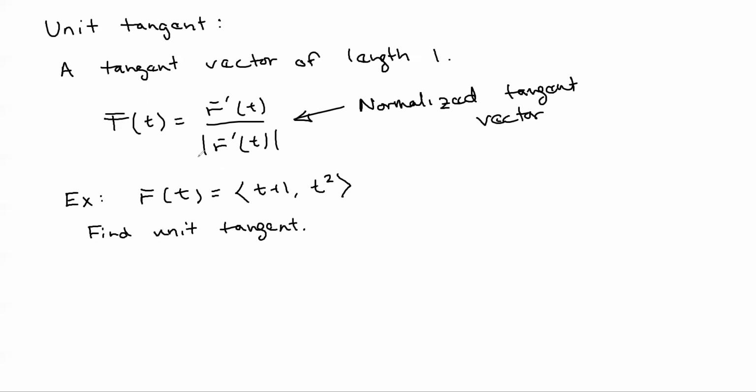To do so, you need to calculate this expression on the right-hand side. First you need r prime of t, and you get 1 comma 2t. Then you need the length of r prime of t, which is the square root of the components squared.